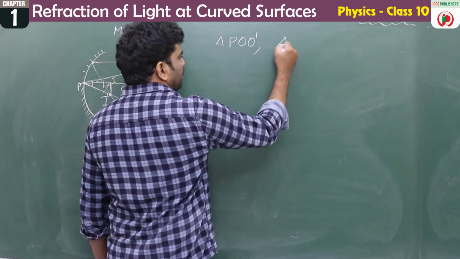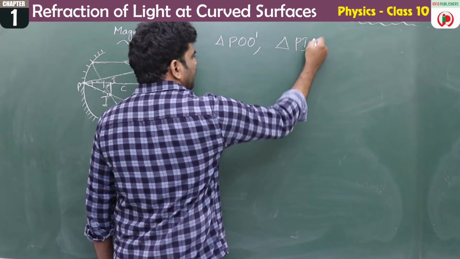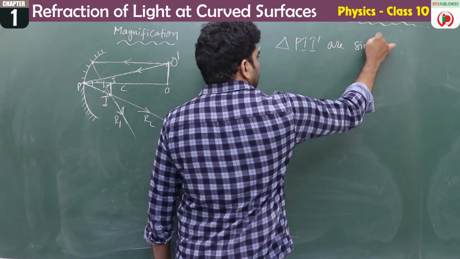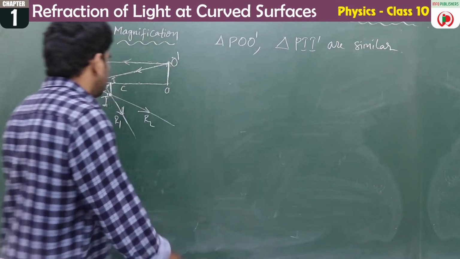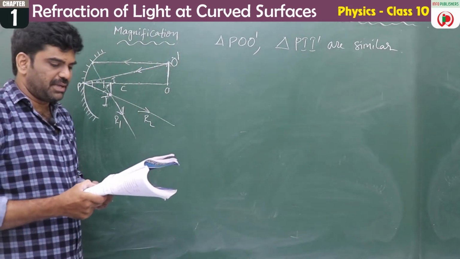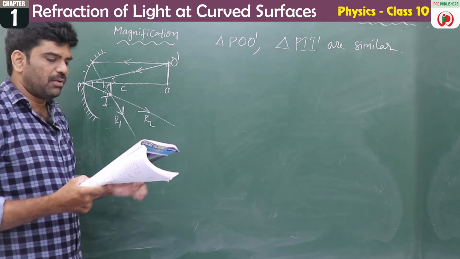Triangle PO dash and triangle PII dash are similar. So these two triangles are similar.